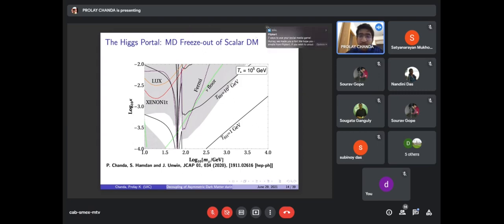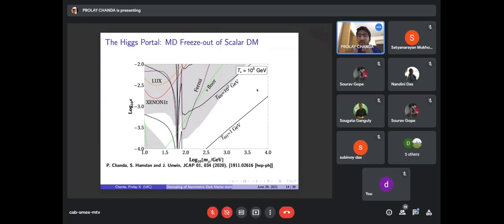So as you can see, on the right hand side, this white parameter space can still be realized in our model, like we can still find the dark matter.